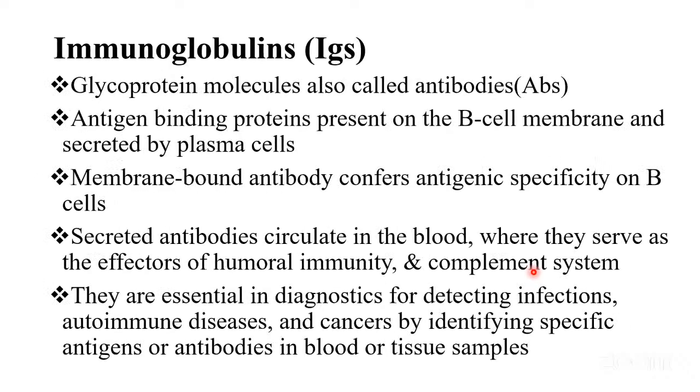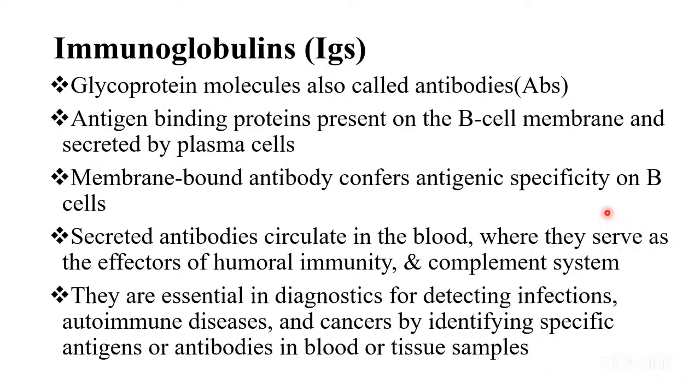So what are immunoglobulins, the IGs? We know from our basic immunology in college that they are glycoprotein molecules that bind antigens, and they are produced by B cells, the immunoglobulin-secreting immune cells in our body.